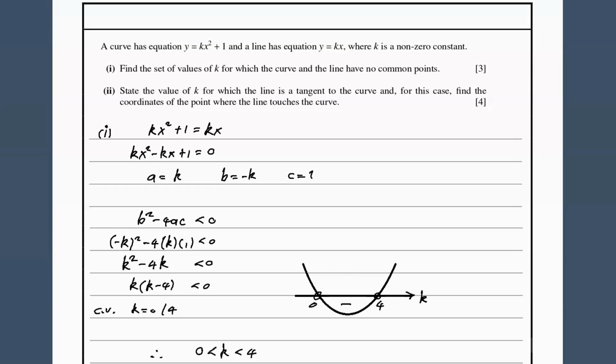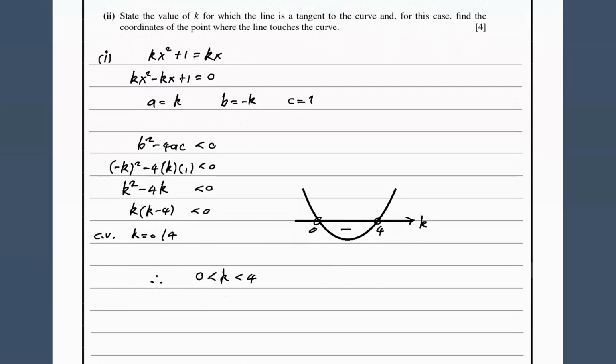Okay, so on part 2, we're talking about the tangent. That's part 2. And tangent means b squared minus 4ac equal to 0. Now, the discriminant b squared minus 4ac, we had gotten it and simplified it to k of k minus 4. So we can just take that, k of k minus 4 equal to 0.